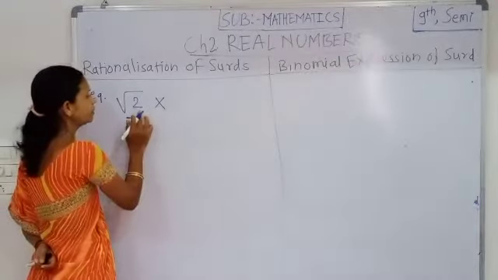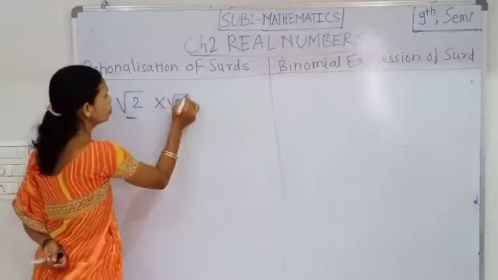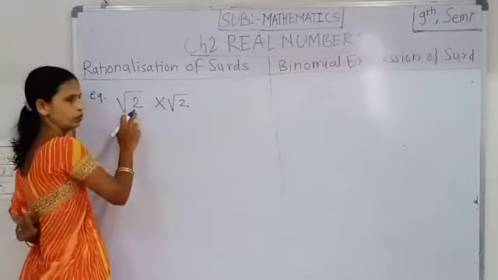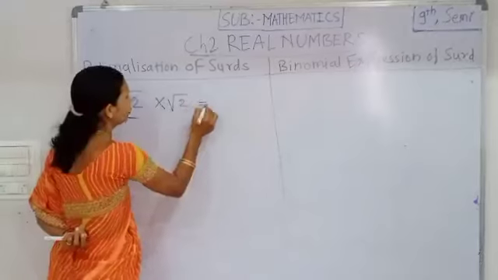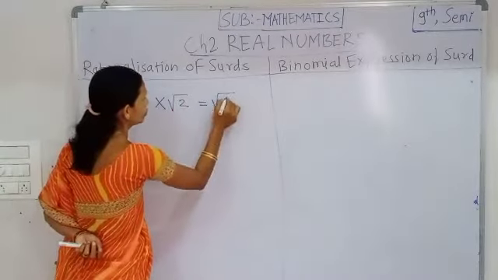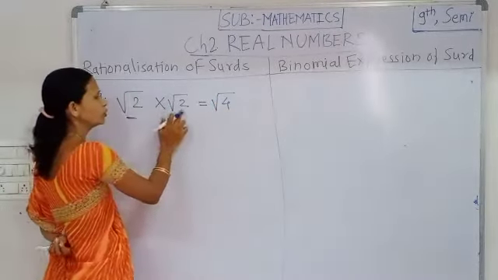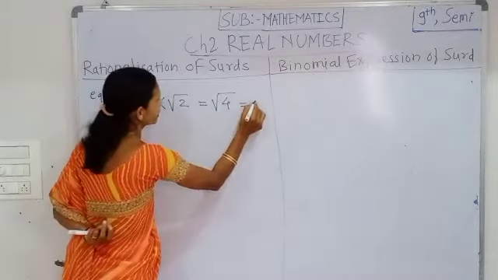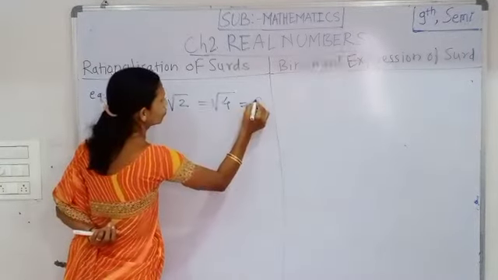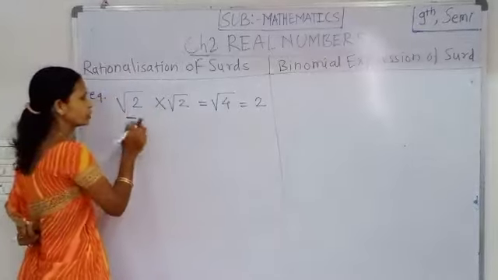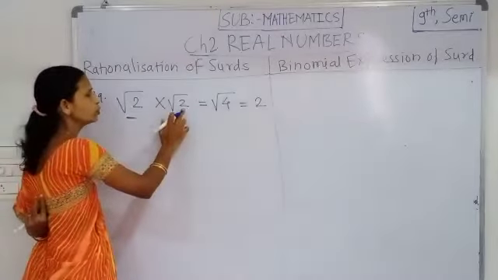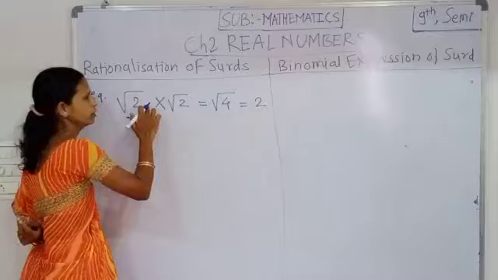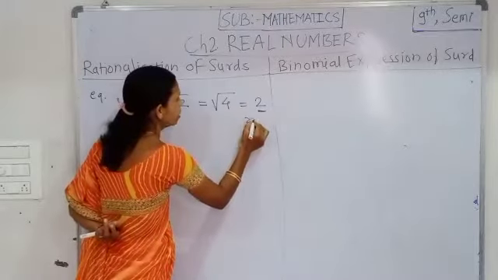If we multiply this surd root 2 by root 2, we get root 4. That means root 2 into root 2 is root 4, and the value of root 4 is 2. So when we multiply this surd by root 2, we get a rational number, 2.